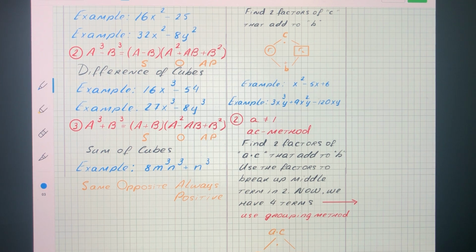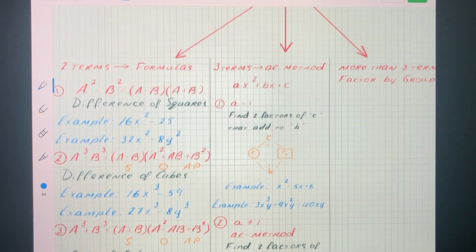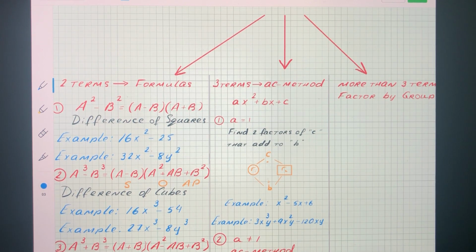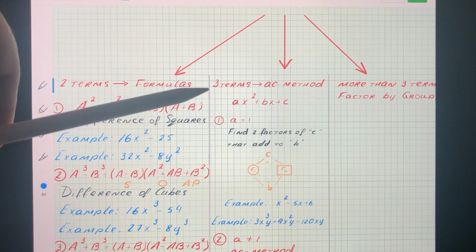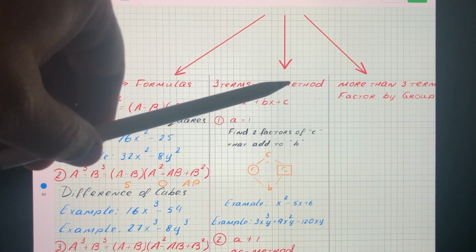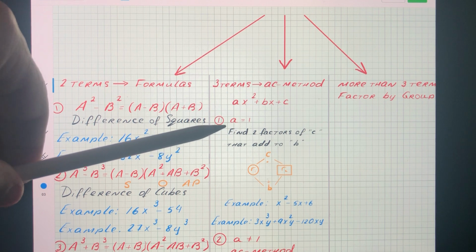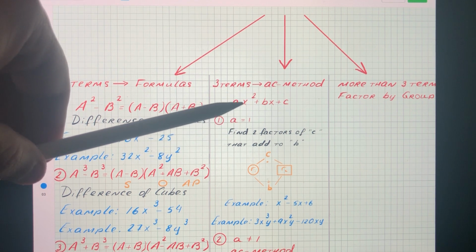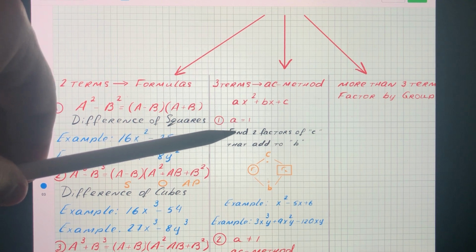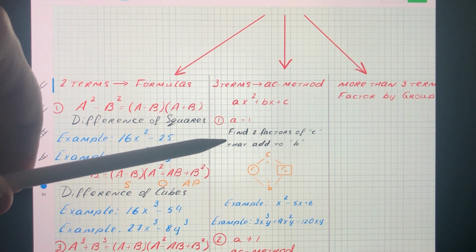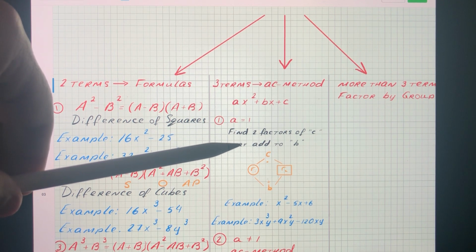Next, if it's not 2 terms, then the other possibility is we could have 3 terms. And for the 3 terms, the method that works all the time is the AC method. The AC method works whether the front number is 1 or not 1. But if it is equal to 1, then there is a shortcut that is faster than the AC method.